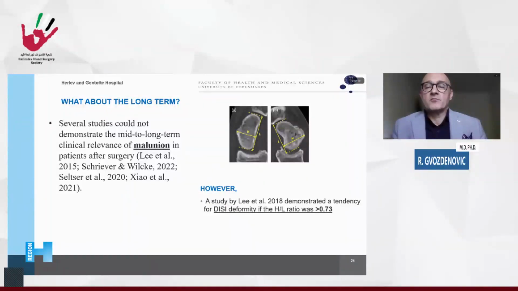Several papers look at this question of malunion, and several of them couldn't see any clinical relevance in patients after surgery, although one single study back in 2018 could demonstrate that this deformity can occur if the height-length ratio is above 0.70, so 0.70, but not more.